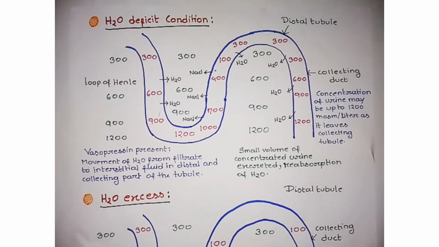So today we discuss the two scenarios in the functions of the kidney, particularly the nephron. In earlier videos we discussed the role of vasopressin, the way vasopressin is secreted and binds with the receptors of the distal part of the tubules, and ultimately the fusion of aquaporin channels in the luminal part of the tubular cell.